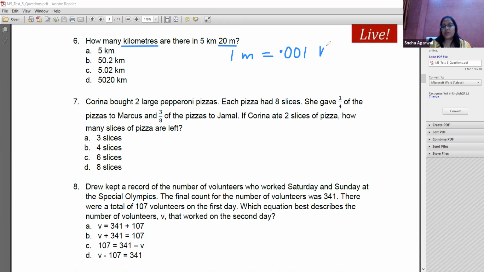So this is kilometer. Now they are asking for 20 meter. So what is 20 meter? Tell me. 20 meter I have converted to kilometer.